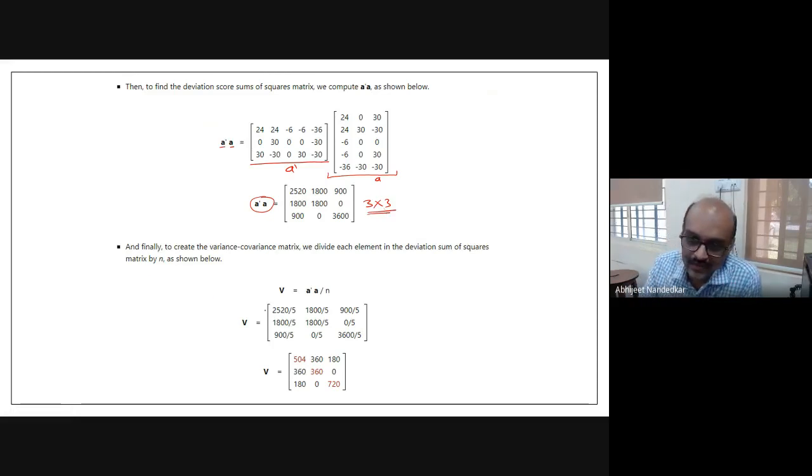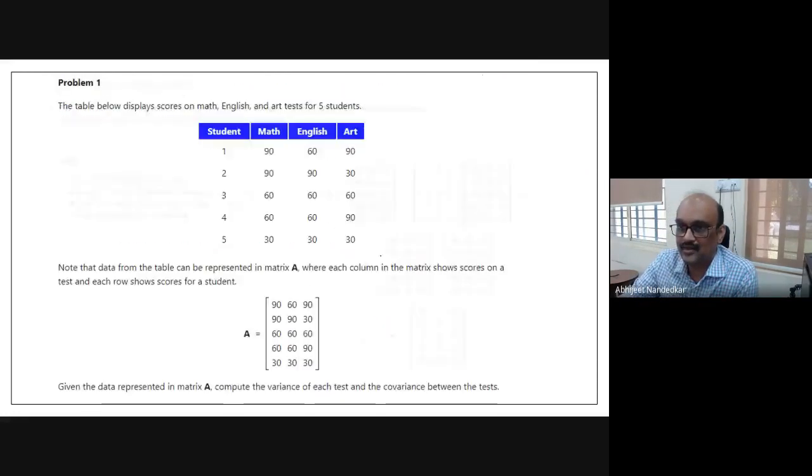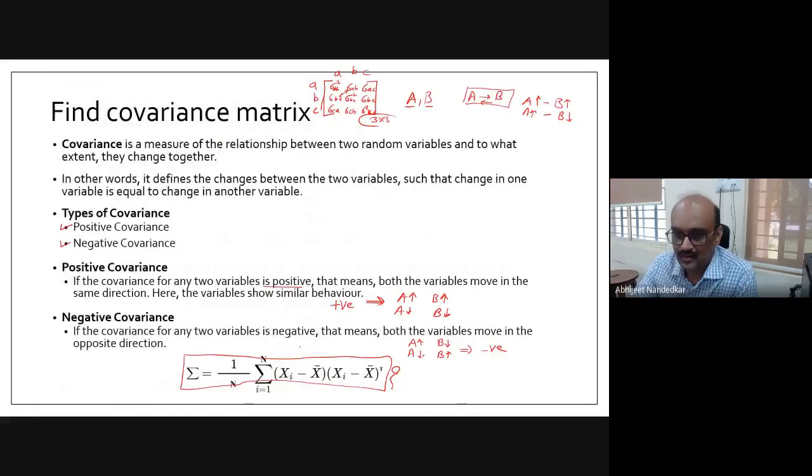Now if I divide this 3 by 3 matrix by the number of samples, because ultimately I have to divide by the number of samples. When I do A transpose A, this is computed. Okay, now when I divide by this, it will be the covariance matrix.